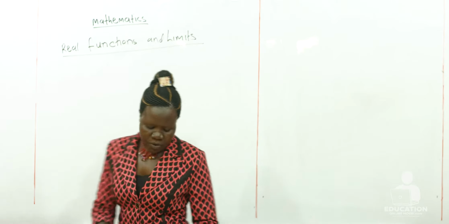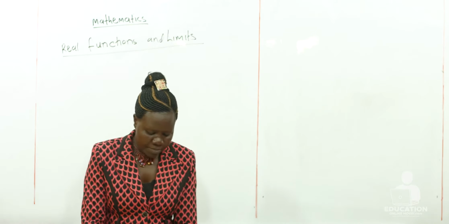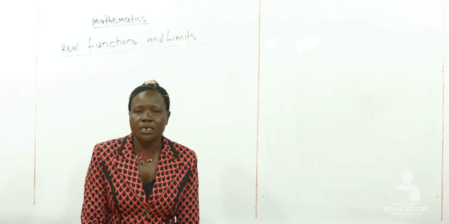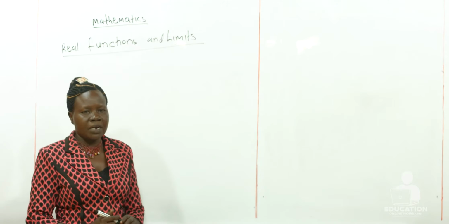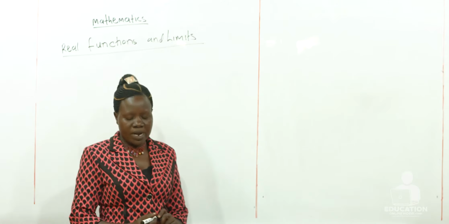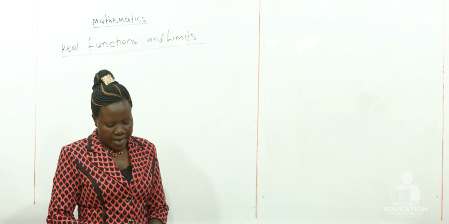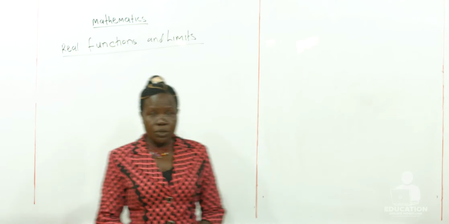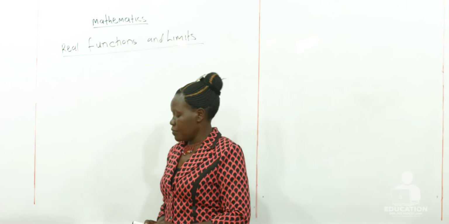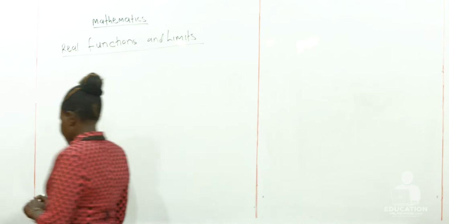We were able to see examples on linear functions and examples on nonlinear functions, especially on quadratic graphs. So now we are going to continue on the same part of graphing a function.